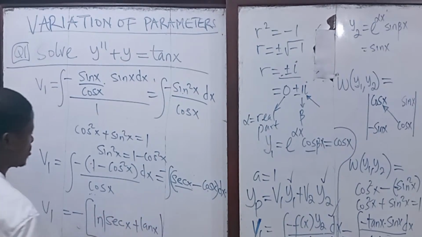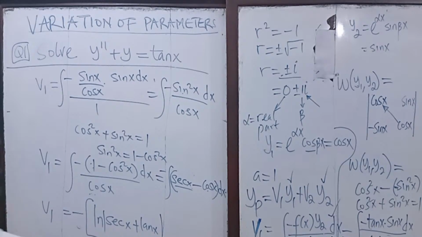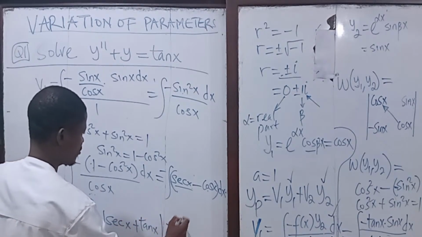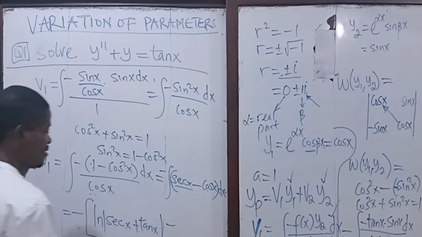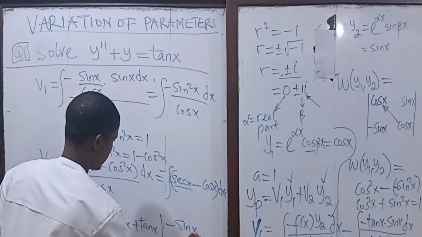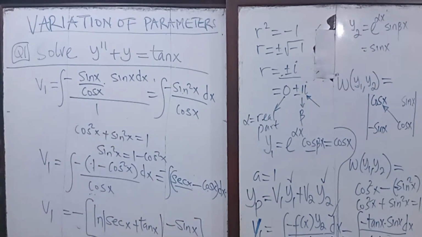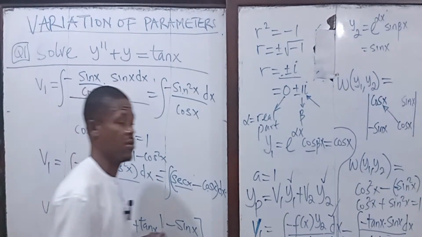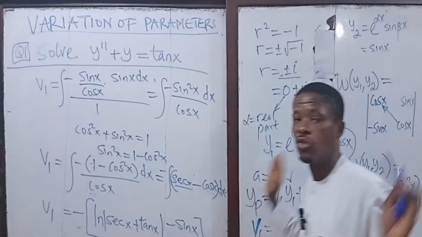It's a direct table result for the integral of sec x. Then minus the integral of cos x, that's sin x. So that's the V1 in this case. When you're getting your V1, V2, we don't put plus c.